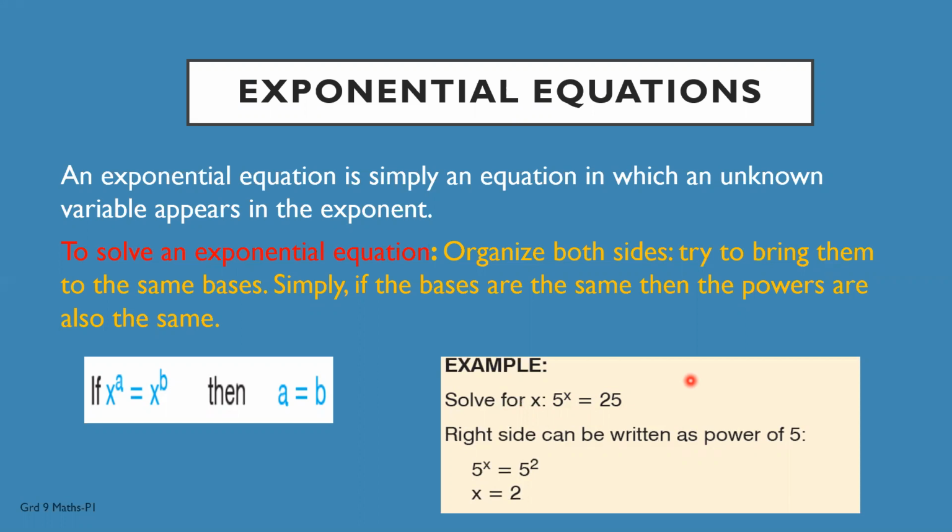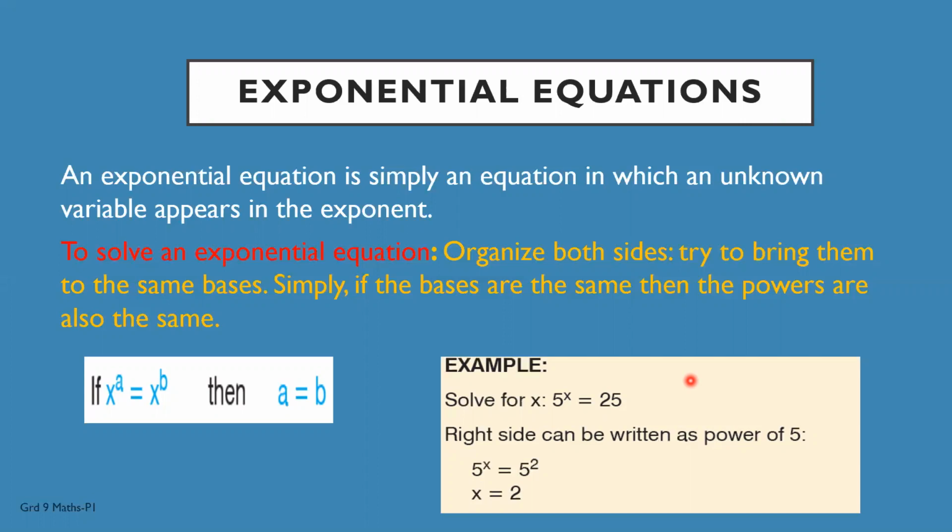So in the question, if we see something that is not in the form of an exponent, the first thing we need to do is to make it in the form of an exponent. When we look here, 5 to the power of x is an exponent, but 25 is a whole number. It's not written as an exponent.